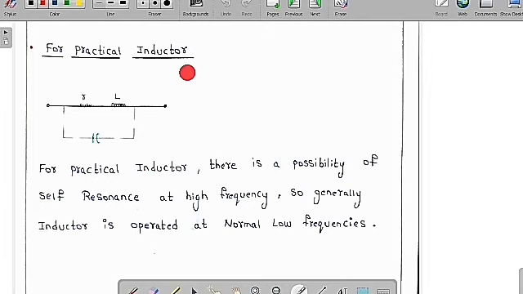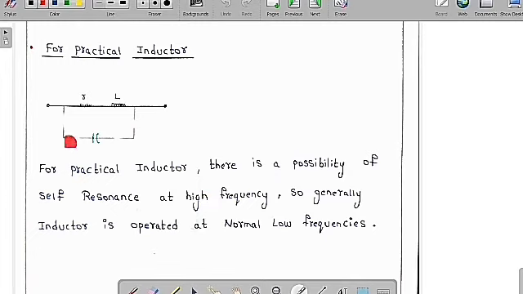A practical inductor generally has a small amount of capacitance. So there will be a resistance, an inductance, and a small amount of capacitance. But for an ideal inductor, there will be no resistance and no capacitance. For a practical inductor, there is a possibility of self-resonance at high frequency. Generally the inductor is operated at normal low frequencies.